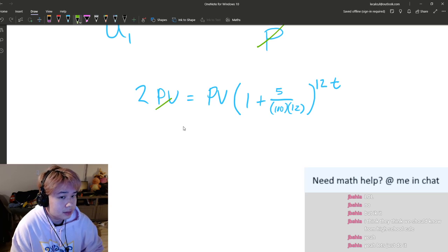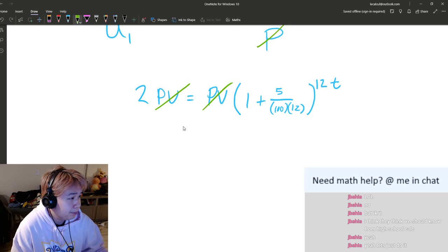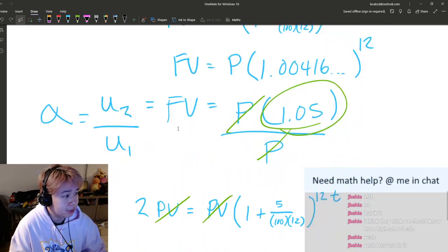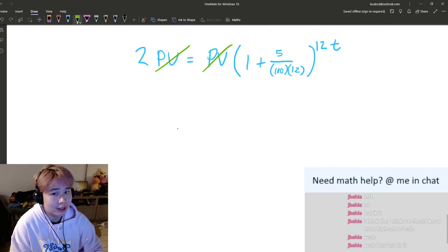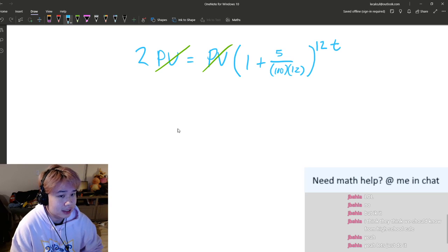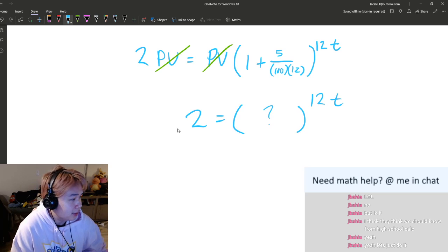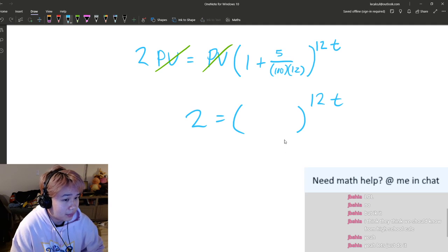So these would cancel. And that's why they intentionally don't tell you how much it is, because they're trying to show you it doesn't matter actually. And we're just trying to solve this exponential equation for t. That's all of this stuff.